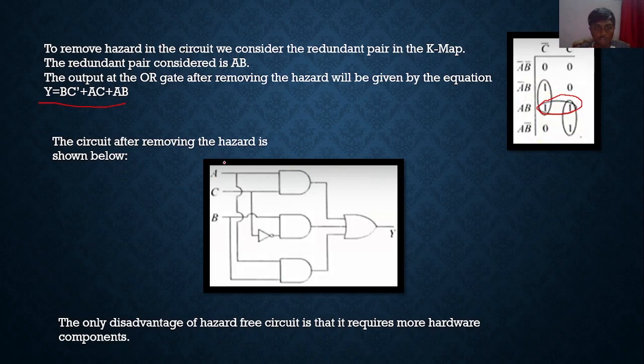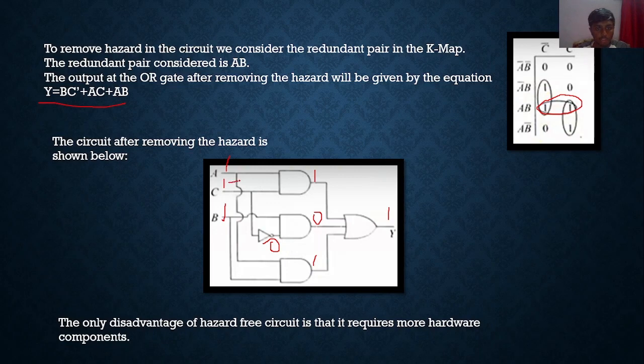Let us see how the circuit works after removing the hazard. This is the circuit after removing the hazard. A is 1, C is 1, B is 1, and the output y is 1.